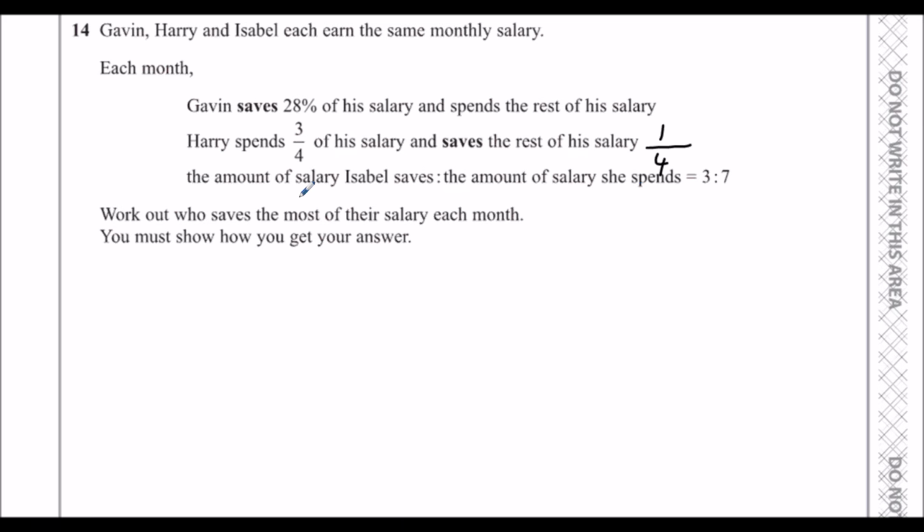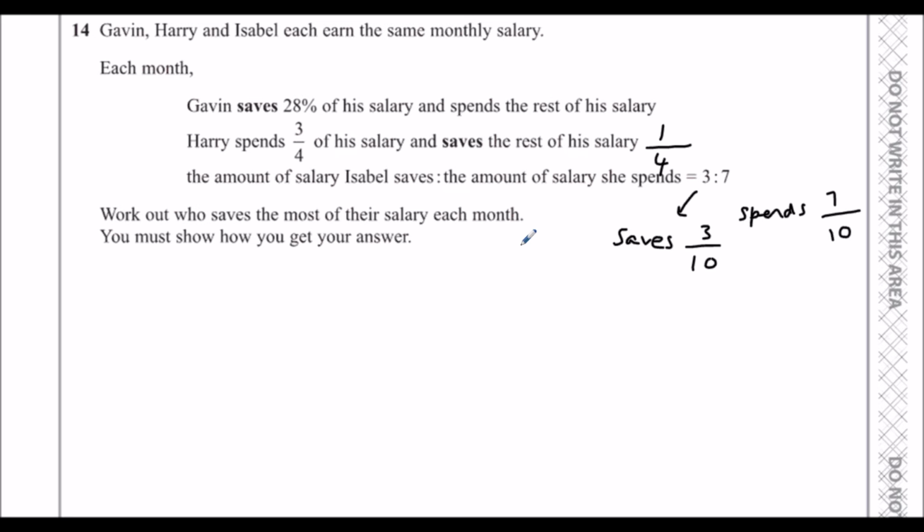And the amount Isabel saves to the amount she spends is 3 to 7. So there's 3 and 7 parts. That means there's 10 parts in total. So she saves 3/10 and she spends 7/10.